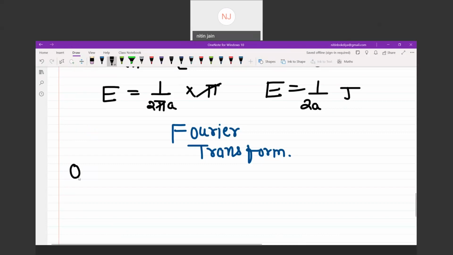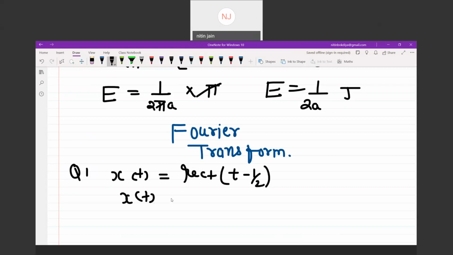Question number 1: x(t) equal to rect of (t minus 1 by 2). Then find the Fourier transform of x(t) plus x(-t). So we are interested in the Fourier transform of these two functions, x(t) and x(-t).